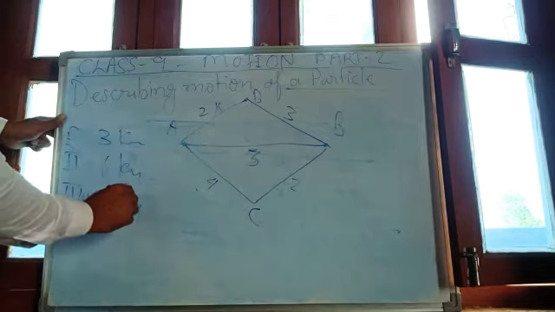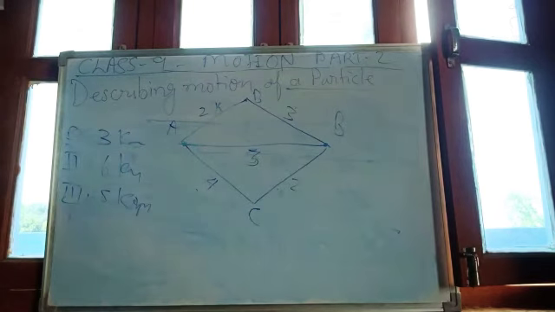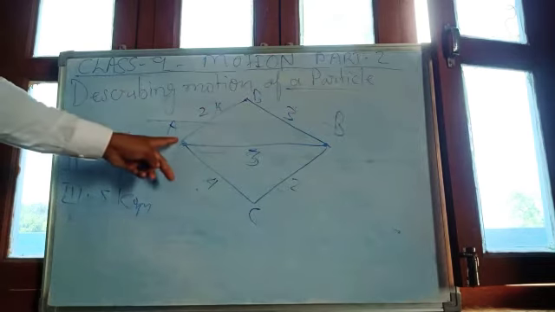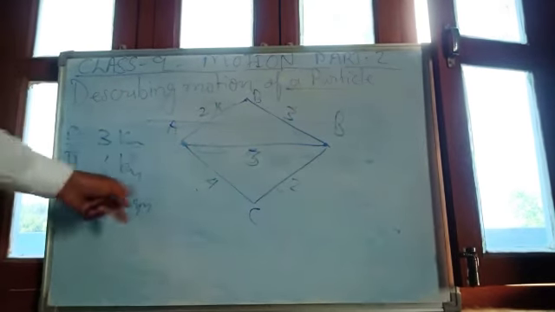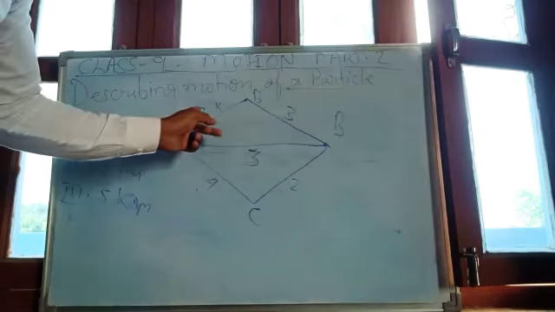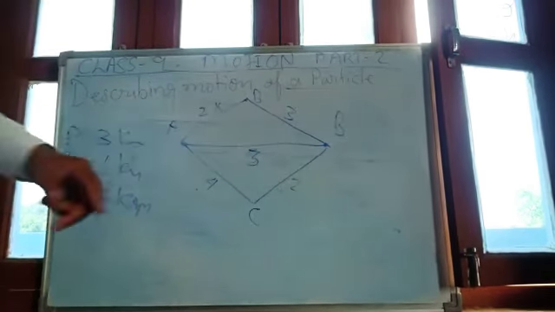So there are different routes and they take different distances. The distance covered by this person is 6 kilometer, by this person 3 kilometer, and by this one 5 kilometer.